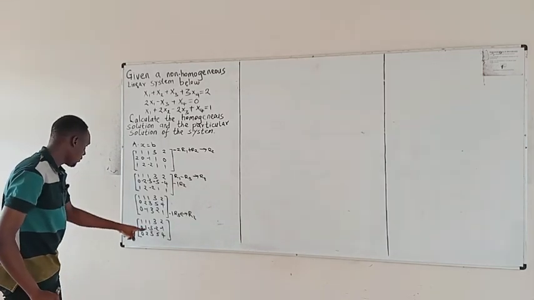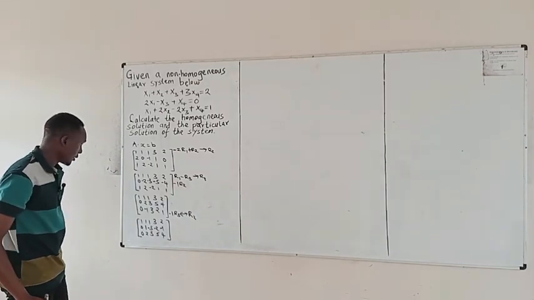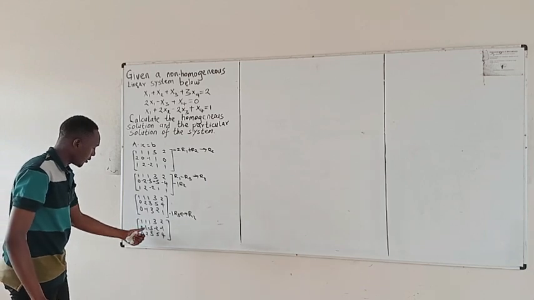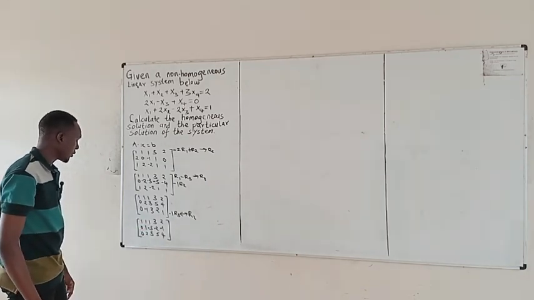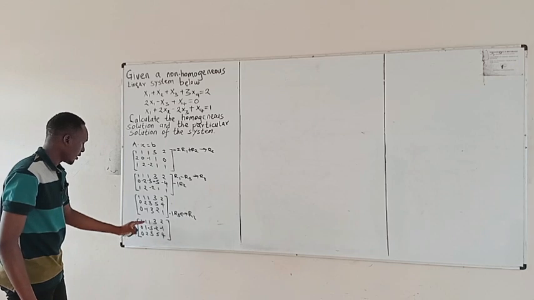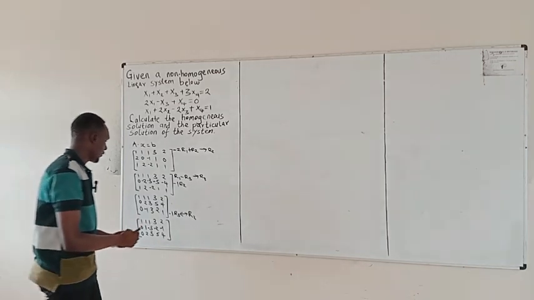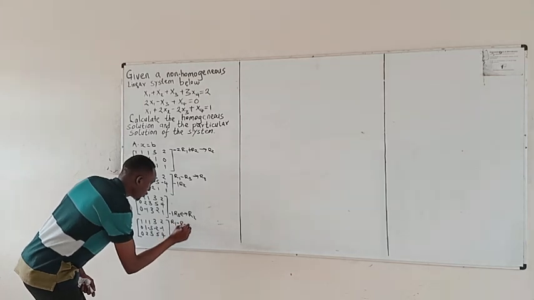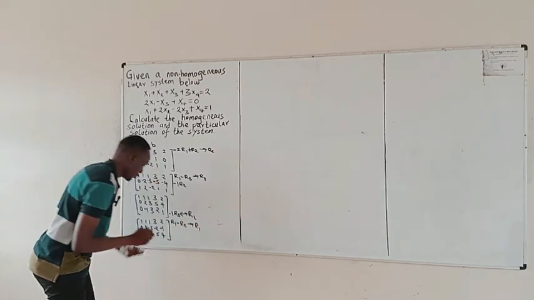Since this is our new leading entry, everything above 1 and below 1 should be 0. So to make this one 0, we'll have row 1 minus row 2, and our answer goes to row 1.